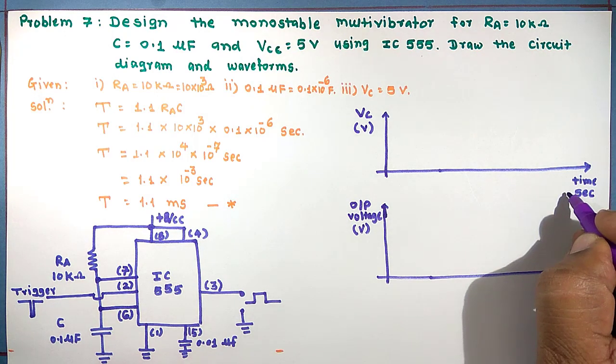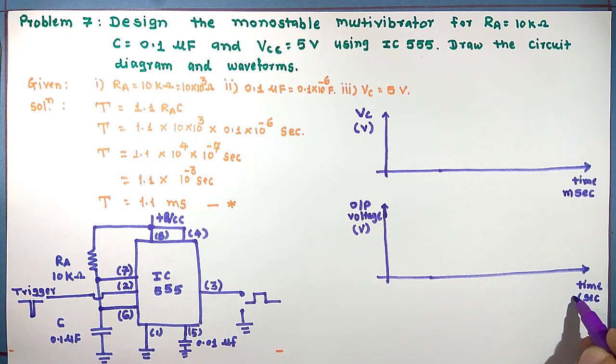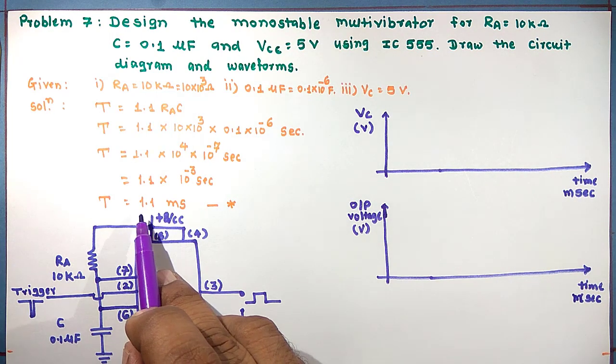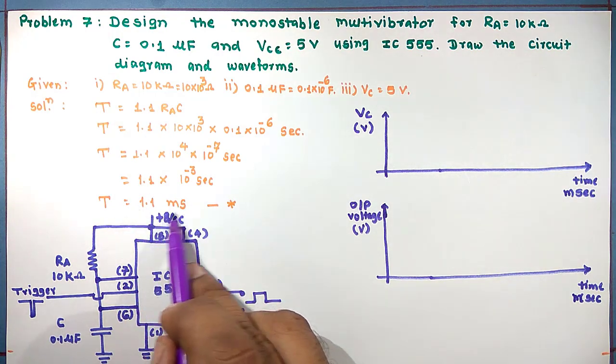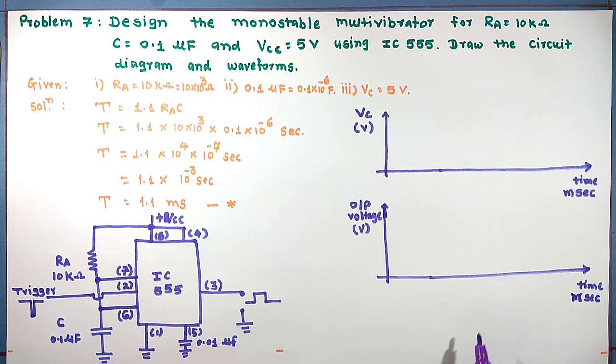Moreover, we will take time in millisecond, so that will be convenient to us. In monostable multivibrator, this much time, that is 1.1 millisecond, is a time required to charge the capacitor from 0 volt to 2/3 VCC after arrival of the triggering signal.